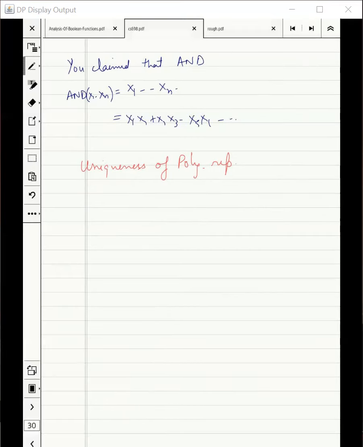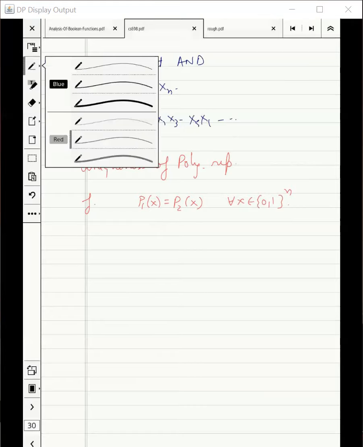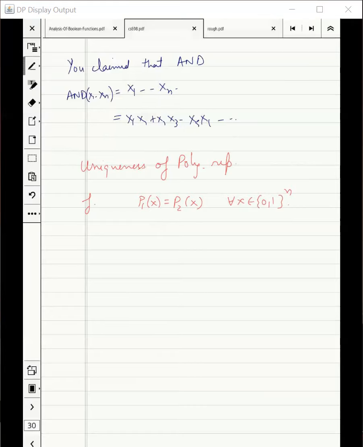for some other function f, there might be two polynomials such that p1(x) is equal to p2(x) for all x in {0,1}^n, where both p1 and p2 are multilinear, of the form which I described, summation a_S x_S, this kind of a form.